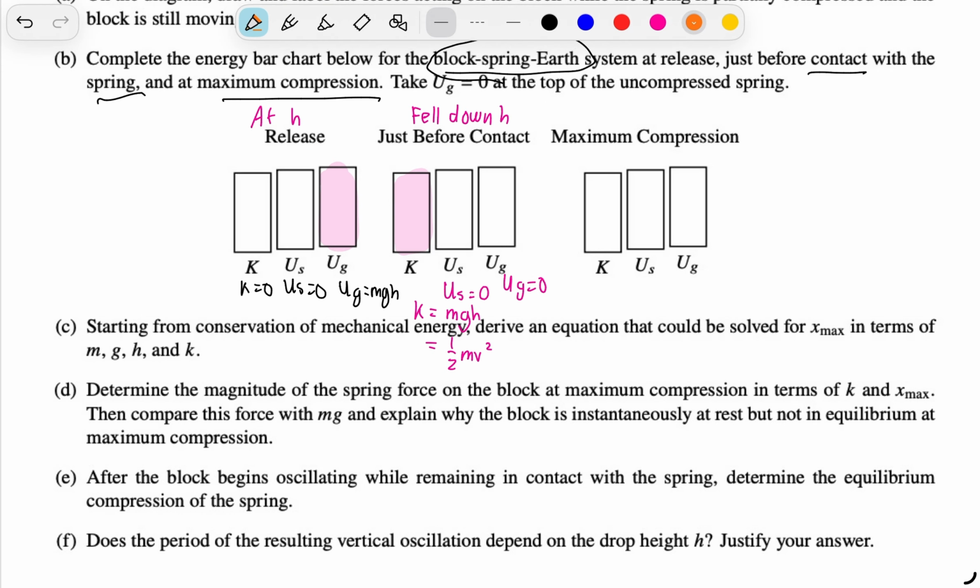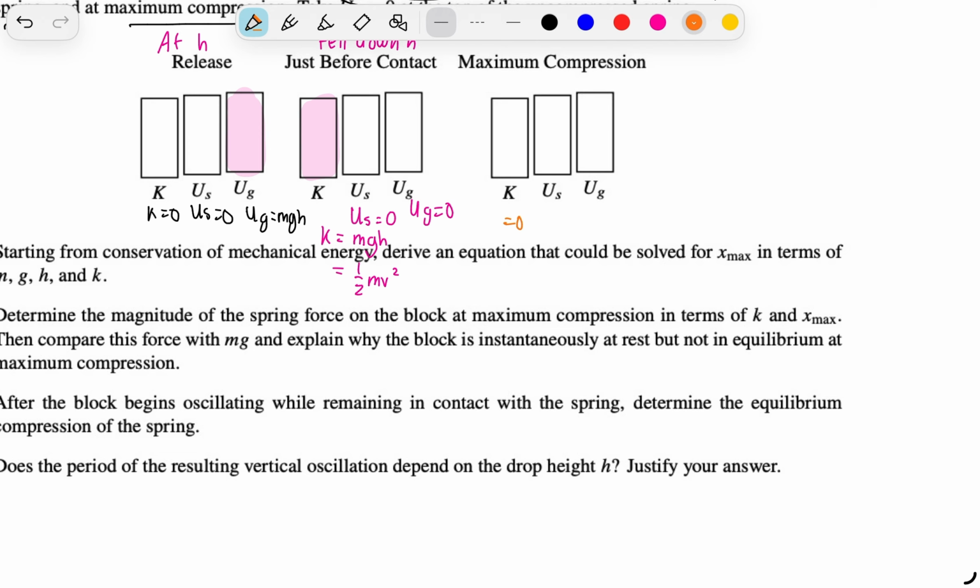Now, when you are at max compression, K is 0, because you have 0 velocity, because you're momentarily at rest. Your spring compression is x max, making U_S equal to 1/2 k x max squared, aka it's max. U_G is equal to 0, because y is equal to 0 at the top of the spring.